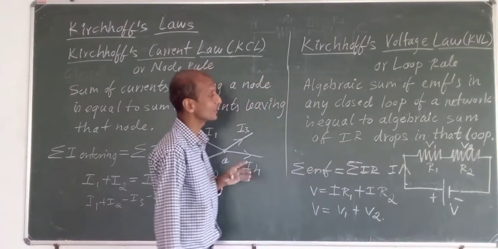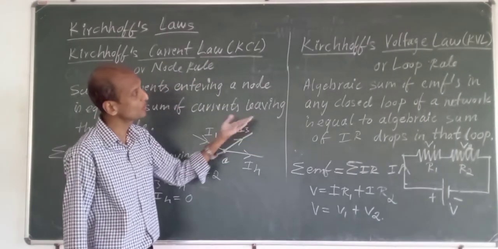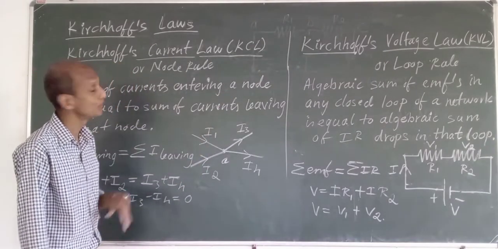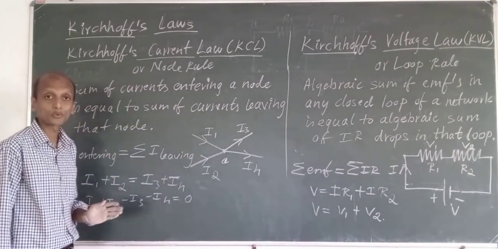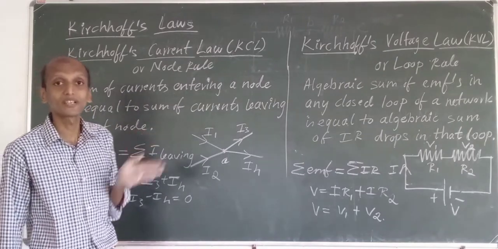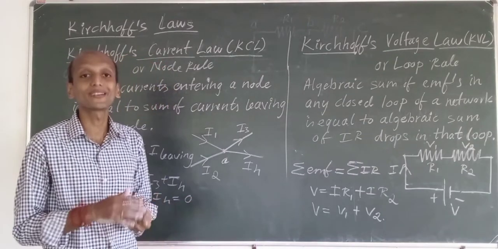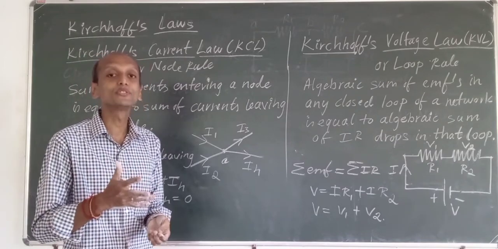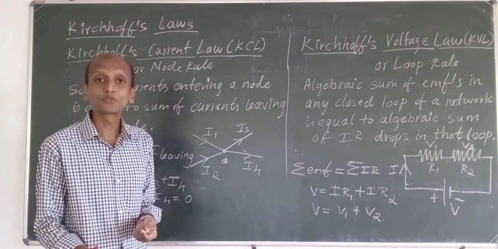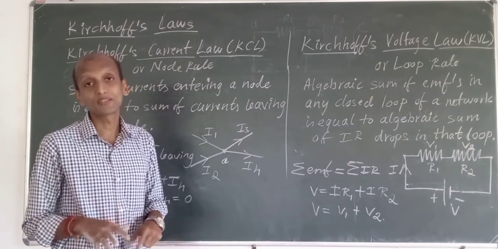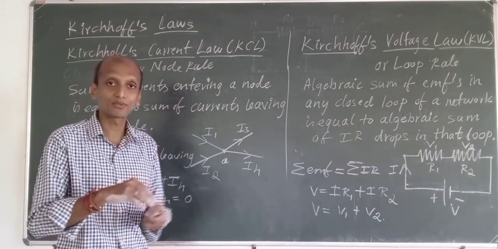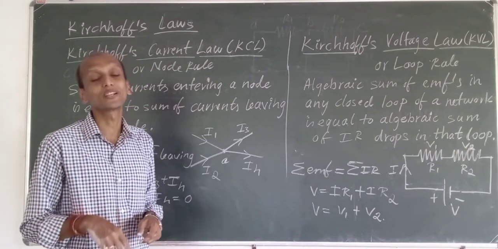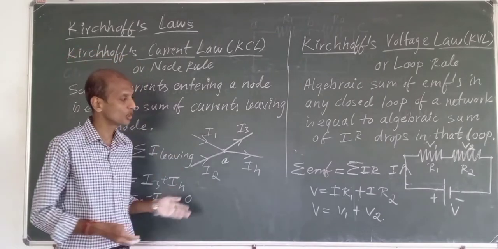So this is how we go for Kirchhoff's voltage law or loop rule, and Kirchhoff's current law or node rule. Kirchhoff's laws are very important for the analysis of complicated or complex circuits. We will use Kirchhoff's law plus Ohm's law to solve complex networks. When it comes to very simple networks, we use only Ohm's law to analyze the circuit. Okay, so this is all about today's class.